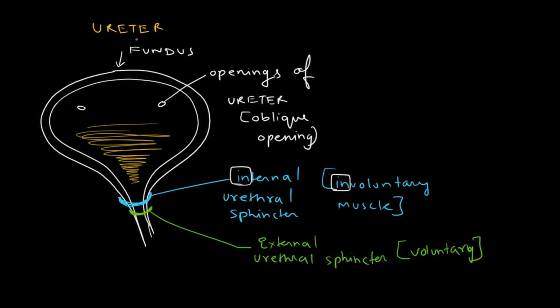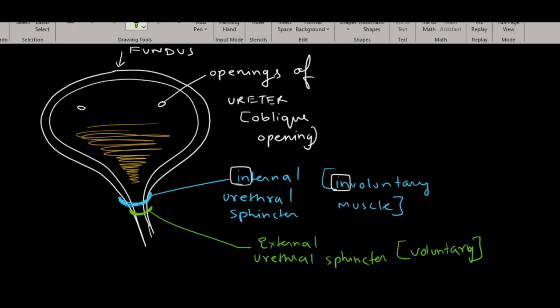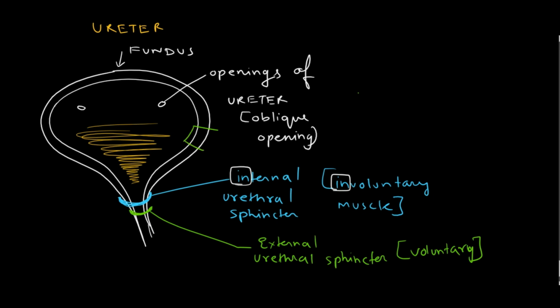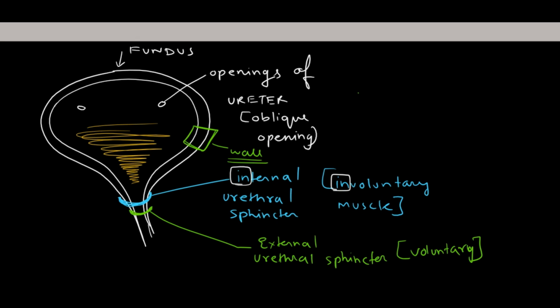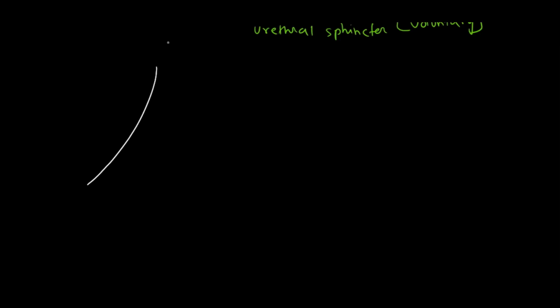Okay, let us observe how the bladder wall is made up of three layers. We are going to zoom into the wall portion. So the wall is made up of again three layers.